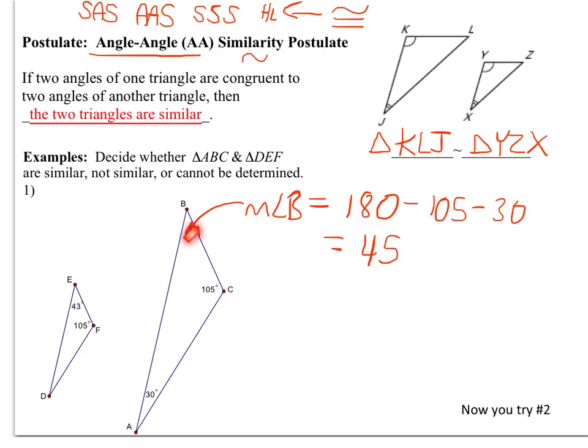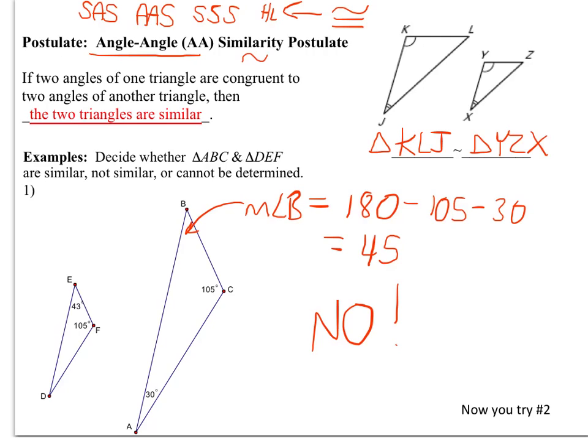Now 45 for B does not match up for the measure of angle E down here. And clearly, if we solve this one down here, the value of D is not going to be 30. So in this case, we have that no, these are not similar. So we cannot make a similarity statement.